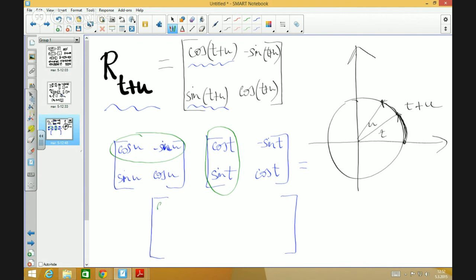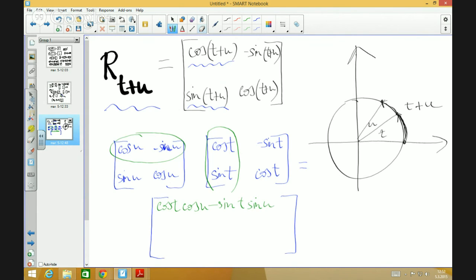Okay, I get cosine of t times cosine of u minus, sorry, minus sine of t sine of u.